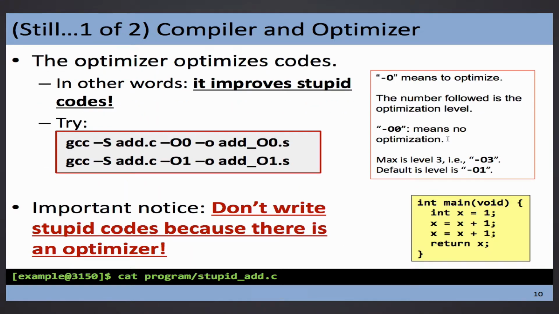So we will omit all this and directly give you an impression of what optimization means. Tell me, if you are the compiler, how would you optimize this code?